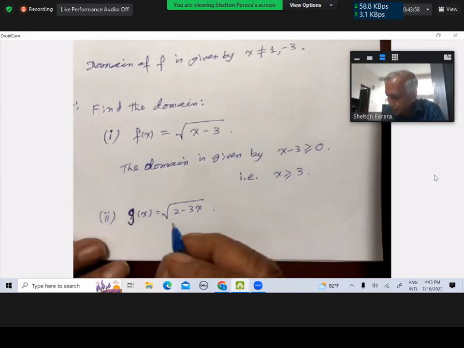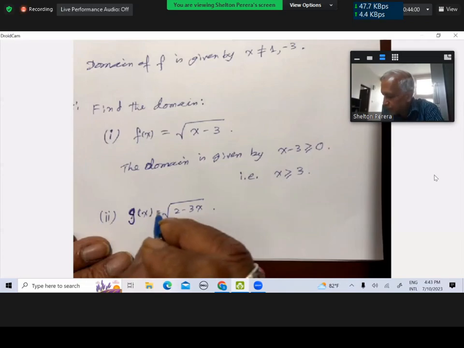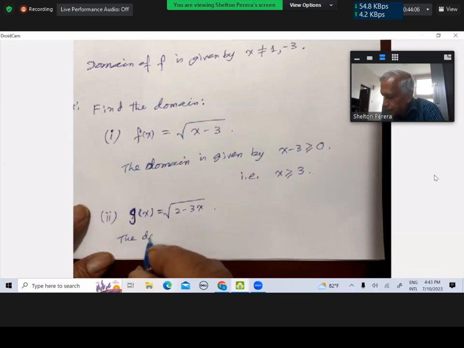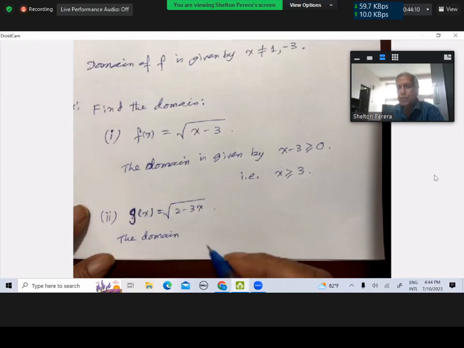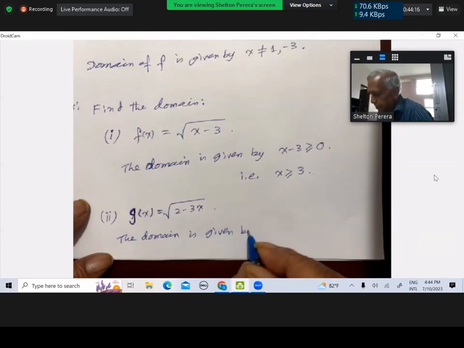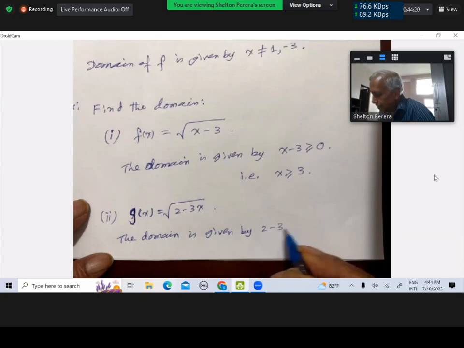So we can talk of g of x equals that. The domain of g is given by the inside, since there's a square root now. Inside, 2 minus 3x greater than or equal to 0.